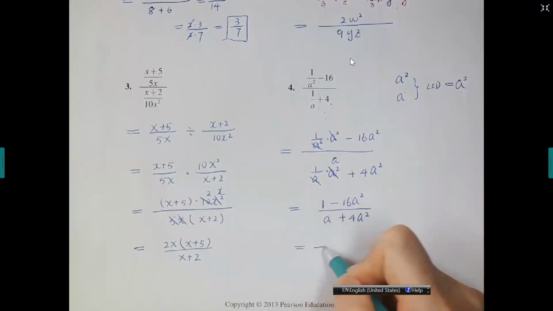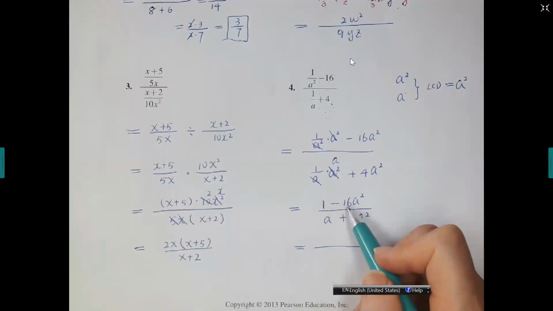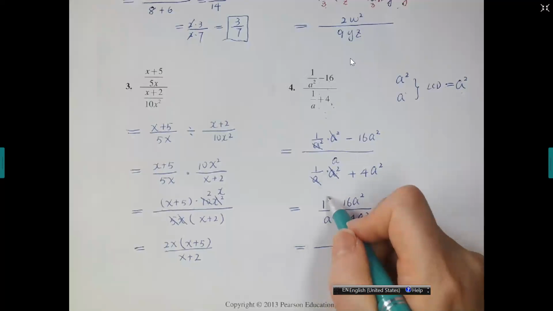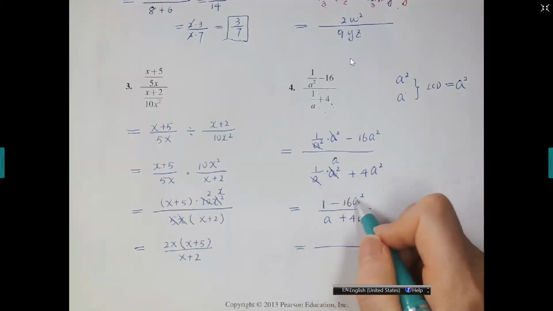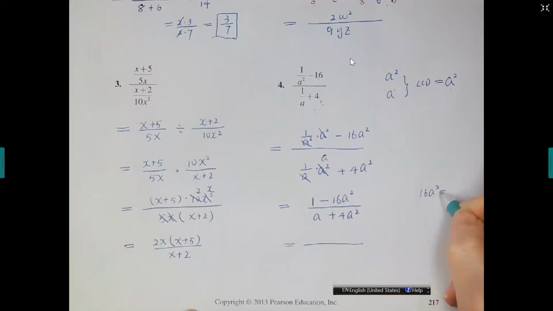So can I factor the numerator? When I see this, I see 16. Alert, 16 is 4 squared, and a squared is also a square number. So 1 can always be seen as 1 squared. So 1 squared minus another square number, because 16a squared can be written as 4a parentheses squared.